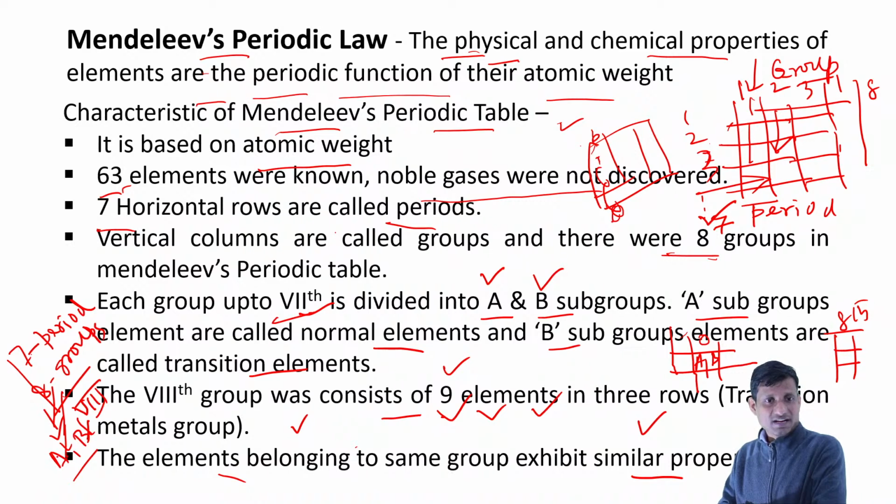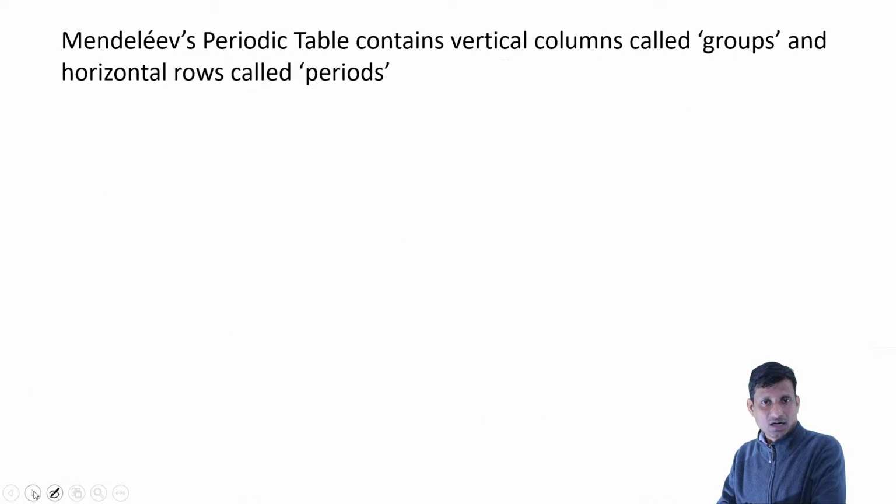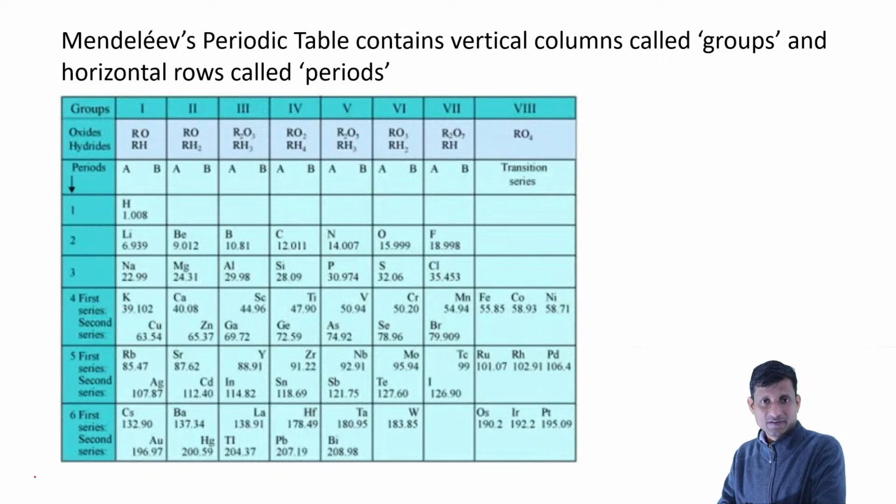This is the advantage. We have all the elements together, and we can easily understand their properties, their reactivity, and their compounds. This is the representation of the Mendeleev periodic table.